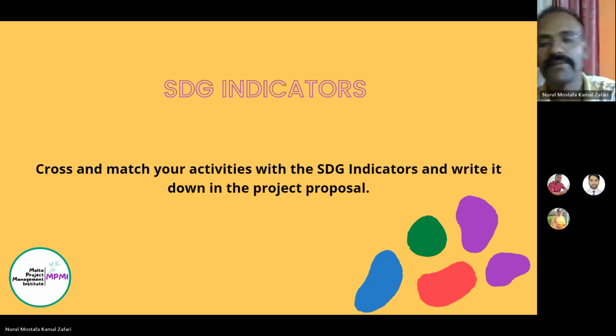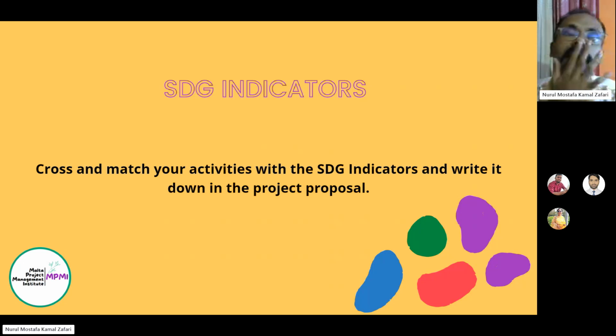Sometimes, for development projects, donors ask how your project is aligning with the SDGs or SDG indicators. So you need to put that this project is fulfilling or meeting SDG 17.1.A, or sorry, SDG 3.A point B point Roman 2.